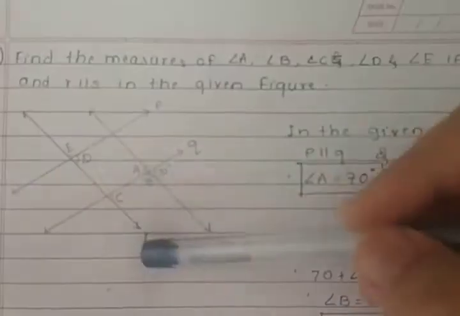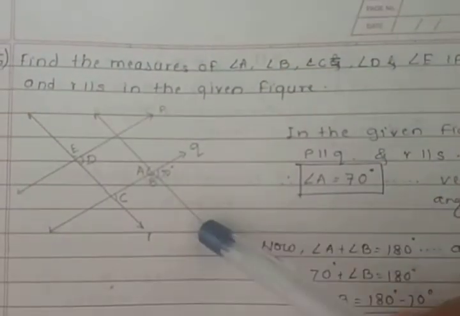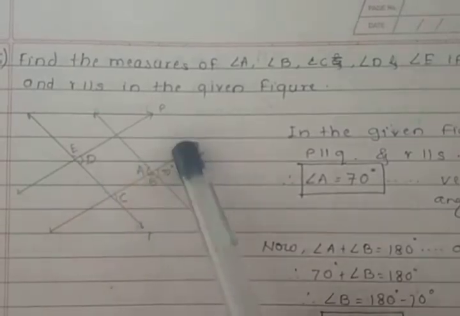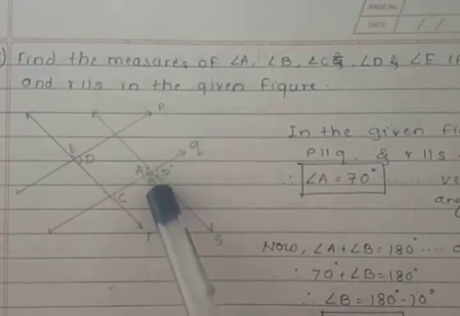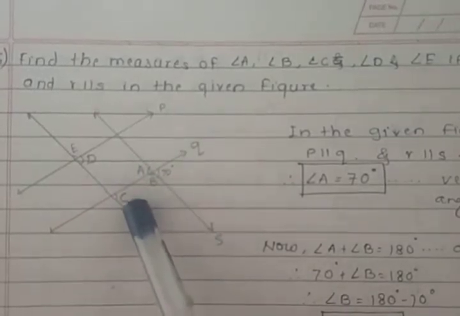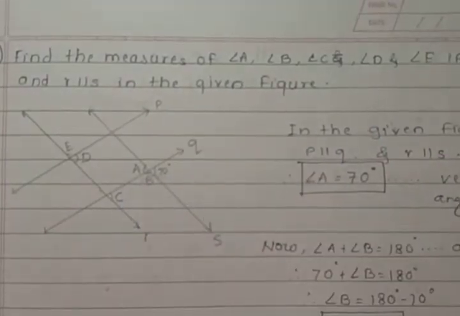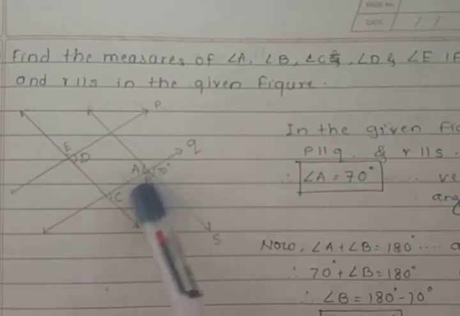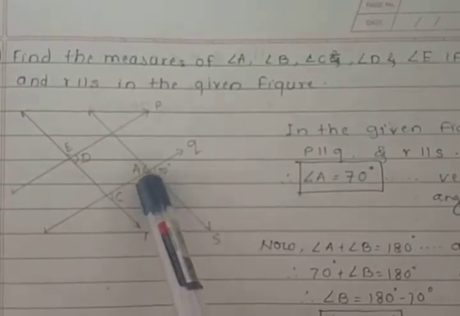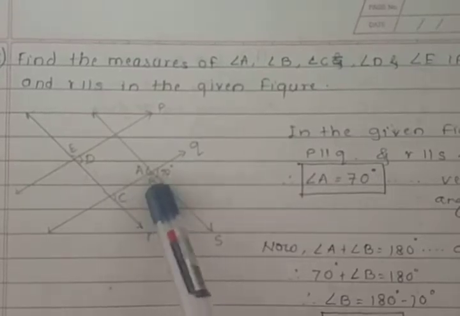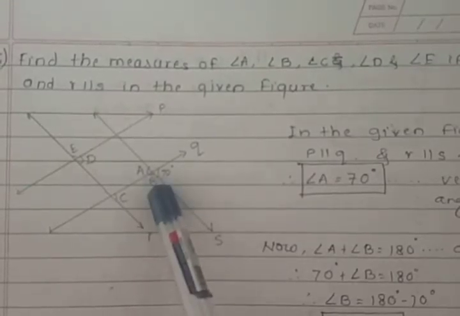Now see here, what about angle C? Lines R and S are parallel to each other, it is given, and if we consider Q as a transversal, then what is the relation between angle B and angle C? These two angles are interior angles, lying on the same side of the transversal. That means the addition of these two angles will be supplementary.